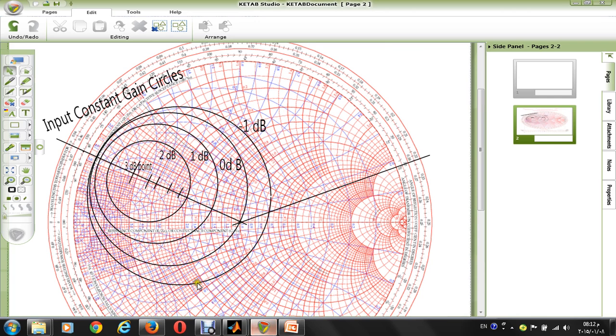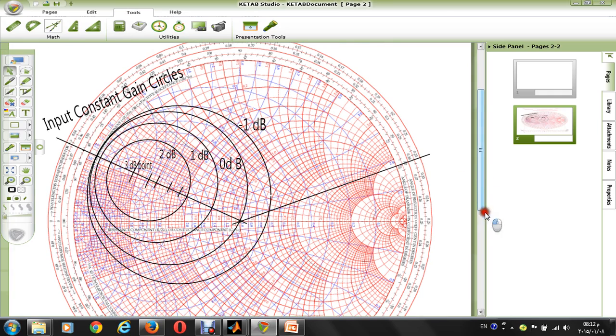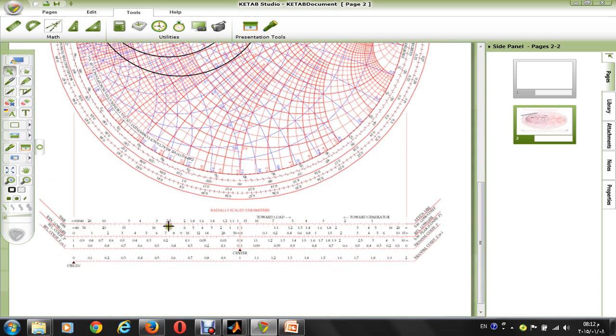So I go back to ketab. I choose tools. I want the compass. Here it is. And at the reflection coefficient scale I want what? 0.51, which is approximately 0.5 here and here.